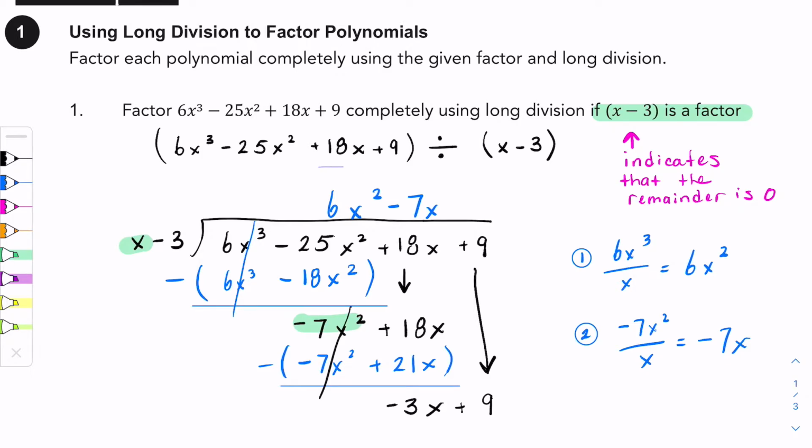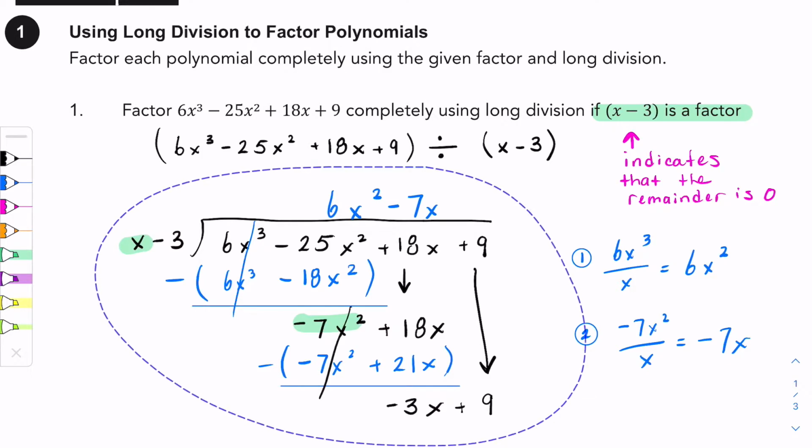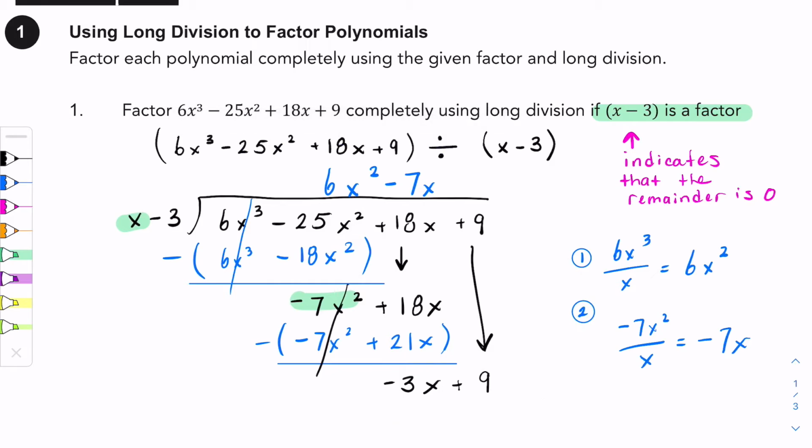Now we have a new first term in our dividend. The first term here is negative 3x. When we find the third term of our quotient, we have negative 3x divided by x. This is equal to negative 3.